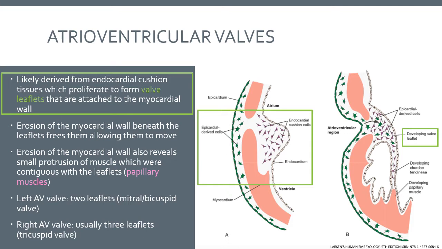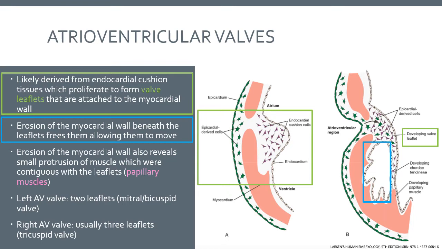As this tissue grows and develops, underneath it, we get erosion of the wall of the myocardium, which separates that leaflet from the underlying tissues, allowing it to be free and to move.